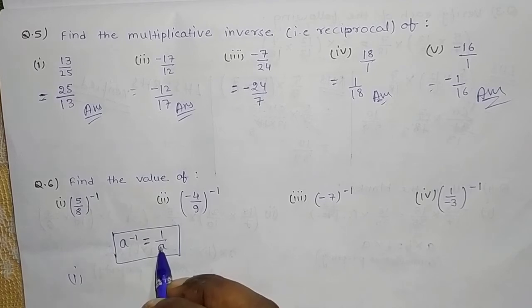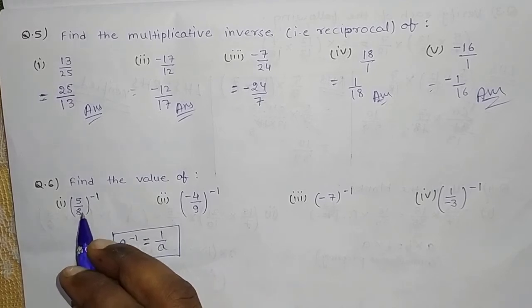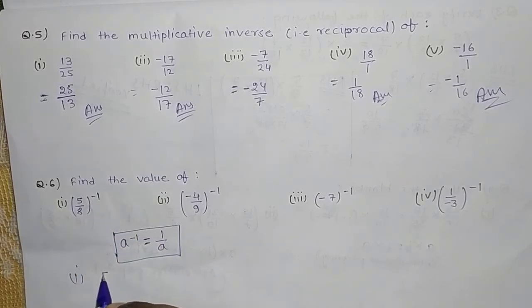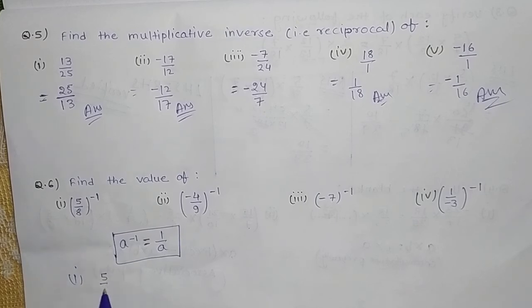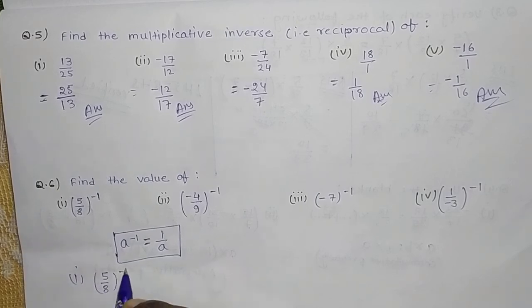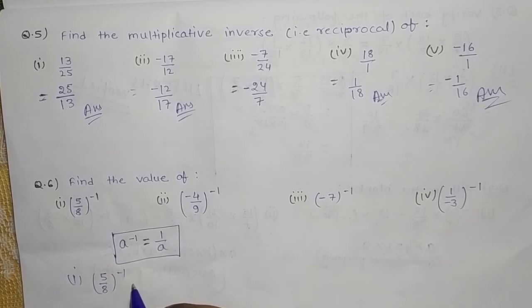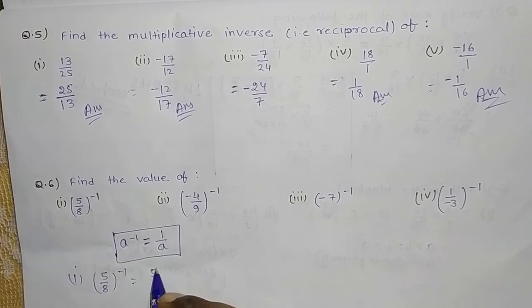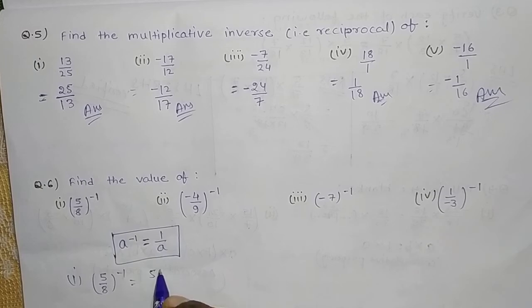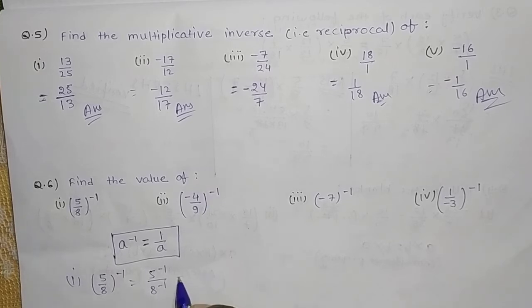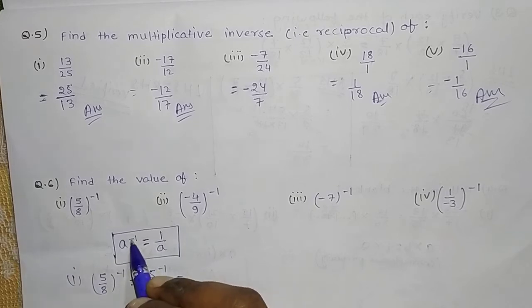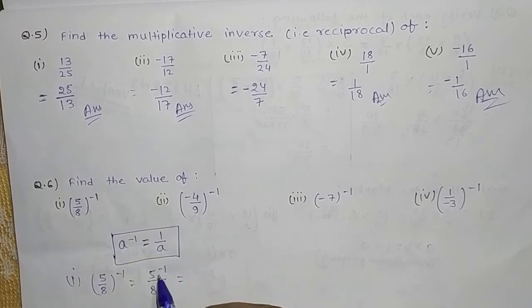Just apply this formula. 5 by 8 to the power minus 1. Simply we can write 5 to the power minus 1 upon 8 to the power minus 1. So here we have to remove minus 1 power. So a to the power minus 1 equals 1 upon a.